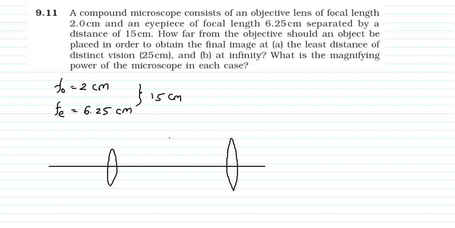Okay, और ये दोनों के बीच में डिस्टेंस है, you can say it is 15 centimeter, right. It is the focal length of objective lens, that is 2 centimeter is given. Focal length of eyepiece, that is 6.25 centimeter is given, right.